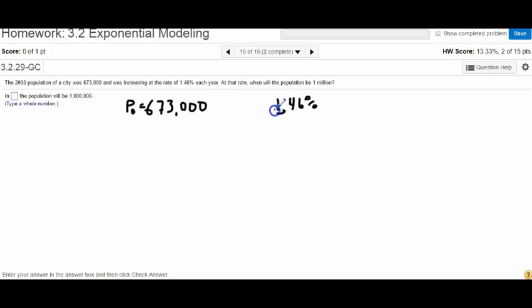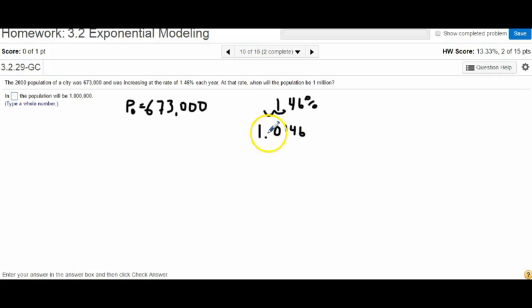So I need to move the decimal space over twice again, which means the value I'm going to have being raised to a power will be 1.0146. And that's because this is, again, increasing at a certain rate. So add the 0.0146 to the number 1.